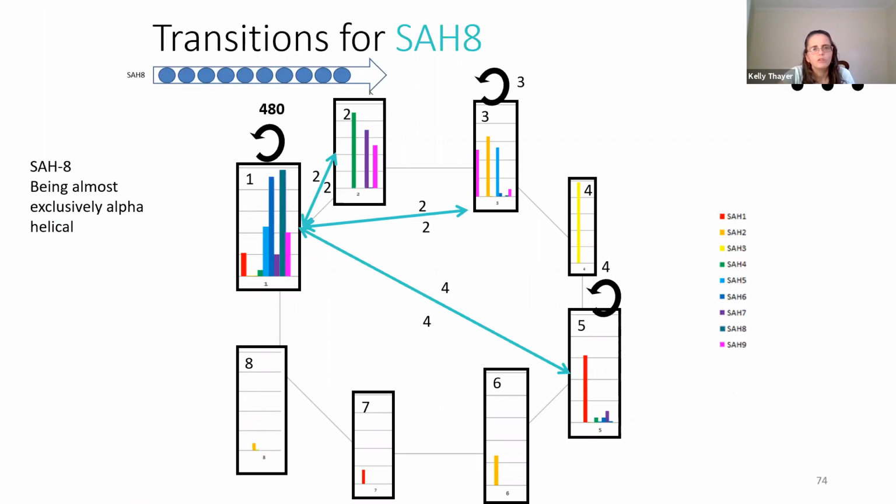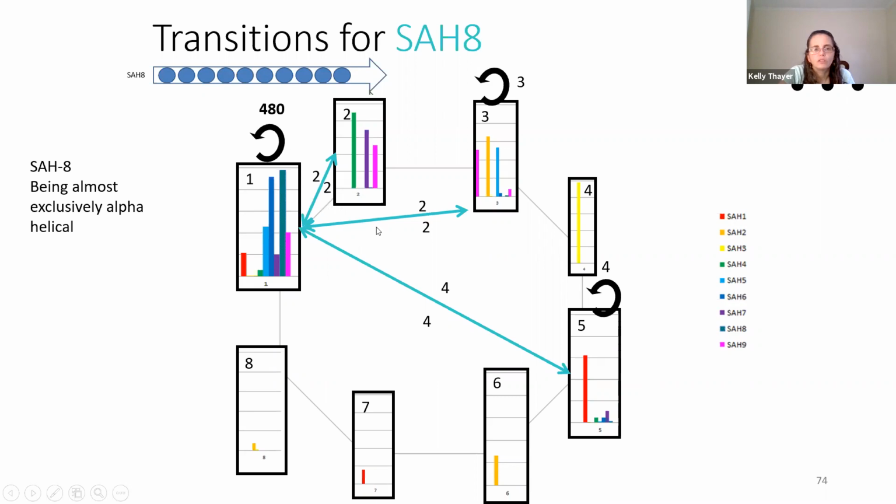We can also consider the transitions, which are the probability of moving between those different substates. SAH8 is almost exclusively an alpha helical peptide and also transitions out very few times. So again, SAH8, the winner, got to be so good by not really moving into any other conformation, because we don't see any bars in the other ones that match this teal color.